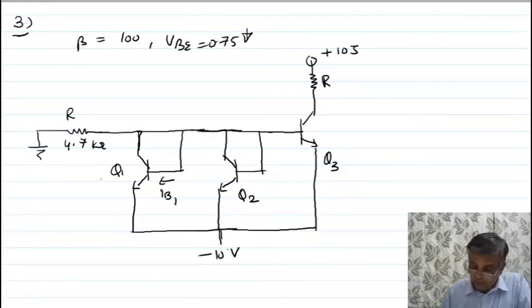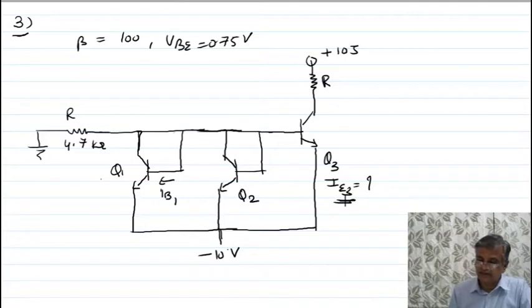Calculate the value of IE3. What is IE3? This is they have given. This is the circuit as shown in figure. The supply is plus 10 volt, and here plus 10, here minus 10.